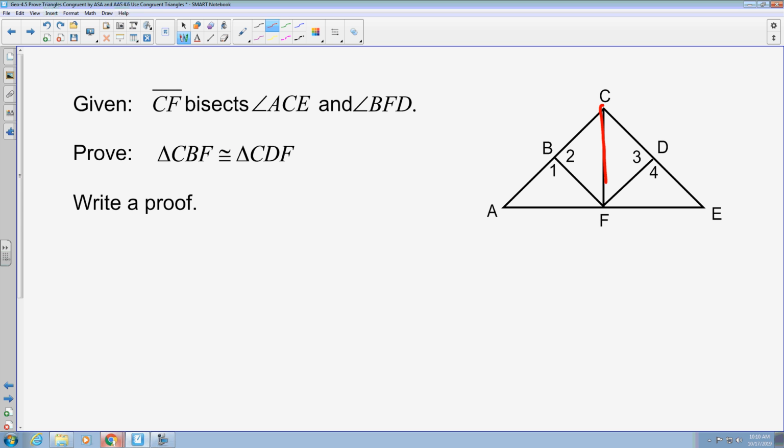So CF is right here. So it's ACE and BFD. Okay, so with that given statement, they want you to find that CBF, this triangle here, is congruent to CDF, which is right here.